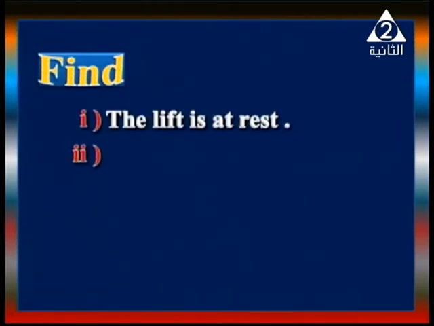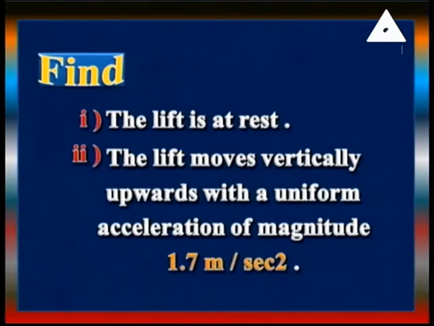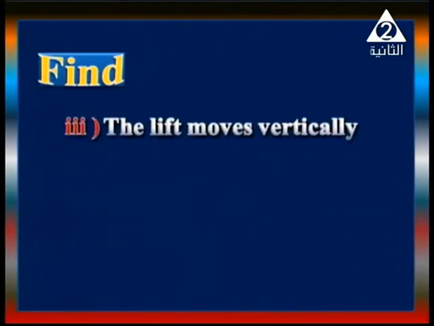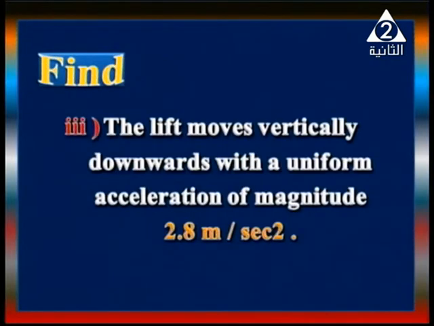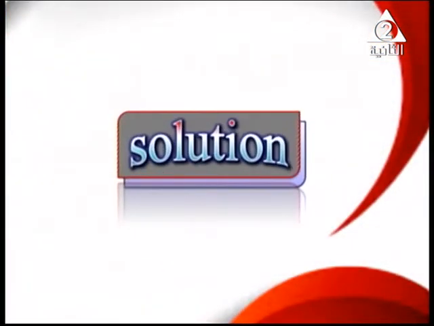Number 2, the lift moves vertically upwards with uniform acceleration of magnitude 1.7 meter per second squared. Number 3, the lift moves vertically downward with uniform acceleration of magnitude 2.8 meter per second squared. Solution, look at it, my dear student.